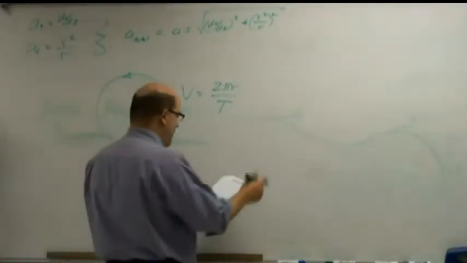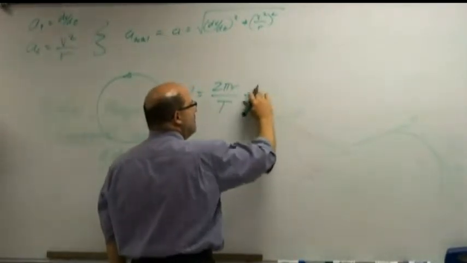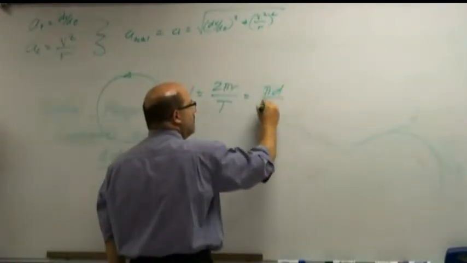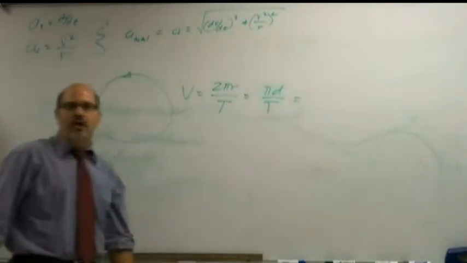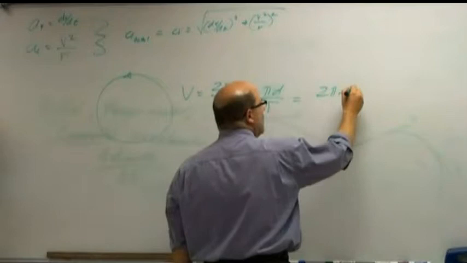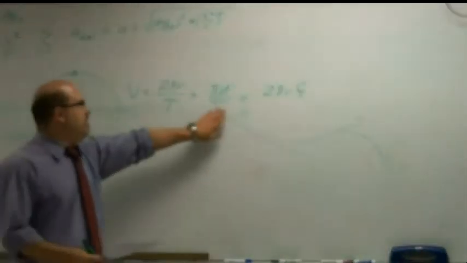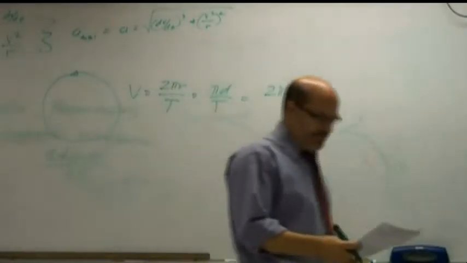All right. If you prefer, you can have that 2 pi r over T, or 2 pi r f, because frequency is 1 over the time period, right? Now how do we convert that into omega? I want to get rid of the v. v equals omega r.